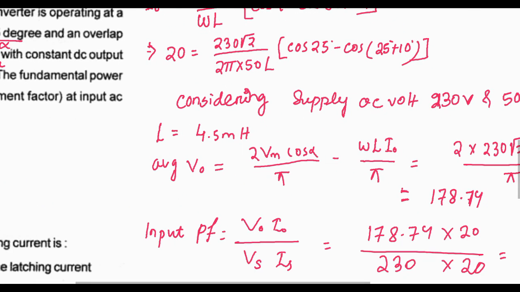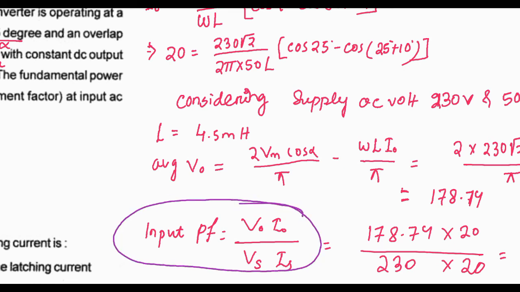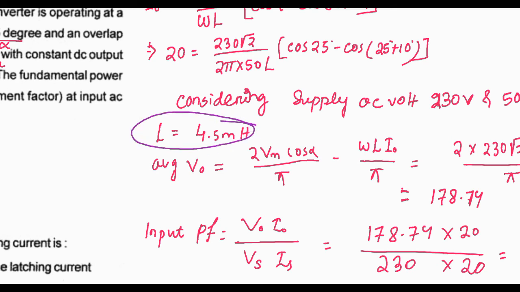If we do not consider that and keep Vm, V and the frequency f, they will all cancel out, but the whole process will be very lengthy and clumsy. So I have taken the voltage to be 230 volt and 50 hertz, and here we are getting that L is 4.5 millihenry.